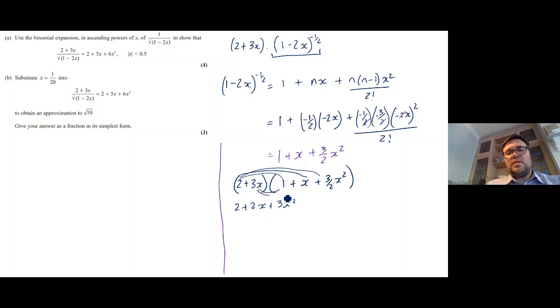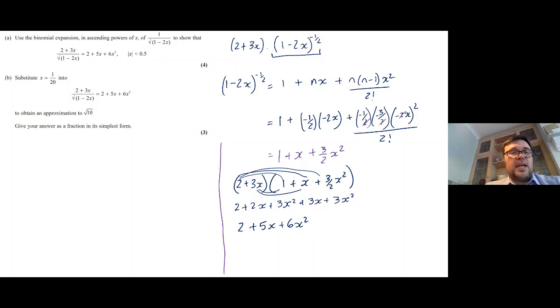And then for the 3x, I only need to multiply by these two terms because I only have to go as far as x squared, so it's plus 3x plus x squared. Simplifying it down, we have 2 plus 5x plus 6x squared, which is as required there.